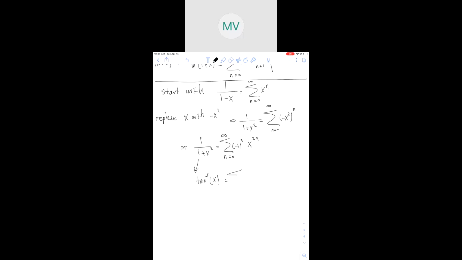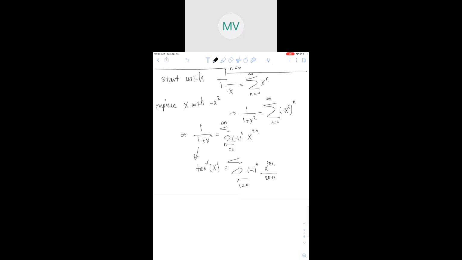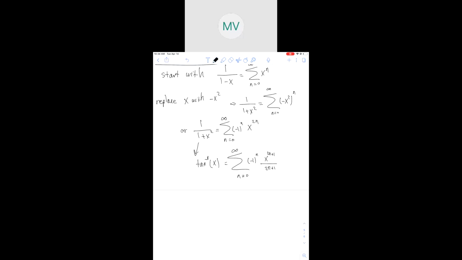The antiderivative of the series is negative 1 to the n, x to the 2n plus 1 over 2n plus 1, by the power formula, from 0 to infinity. So that's another power series formula.